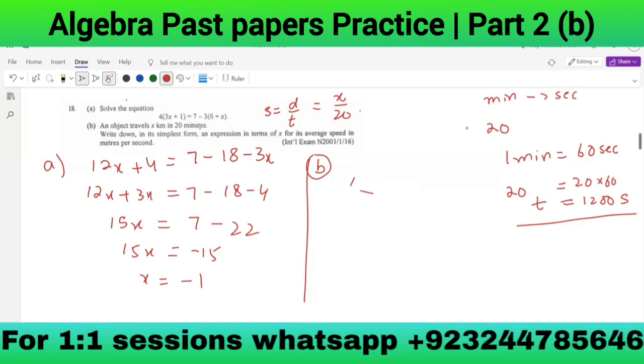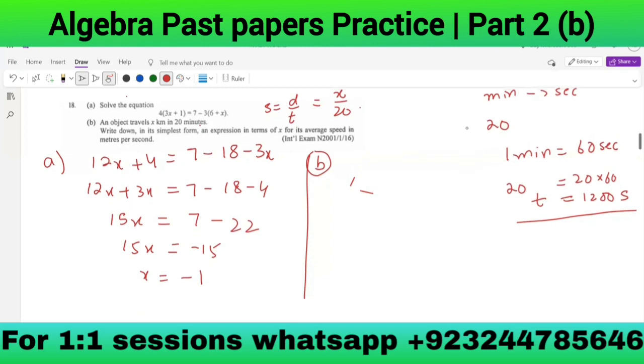Now they're saying meters per second and the distance is in kilometers, x kilometers. So kilometers to meters, we'll multiply with 1000. So 1000x over 1200 seconds. And what will we get on simplification? 1000x over 1200.